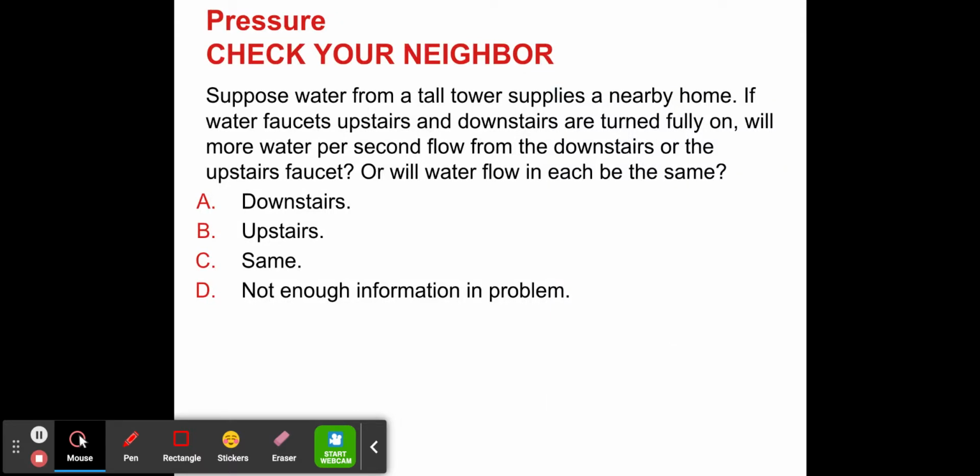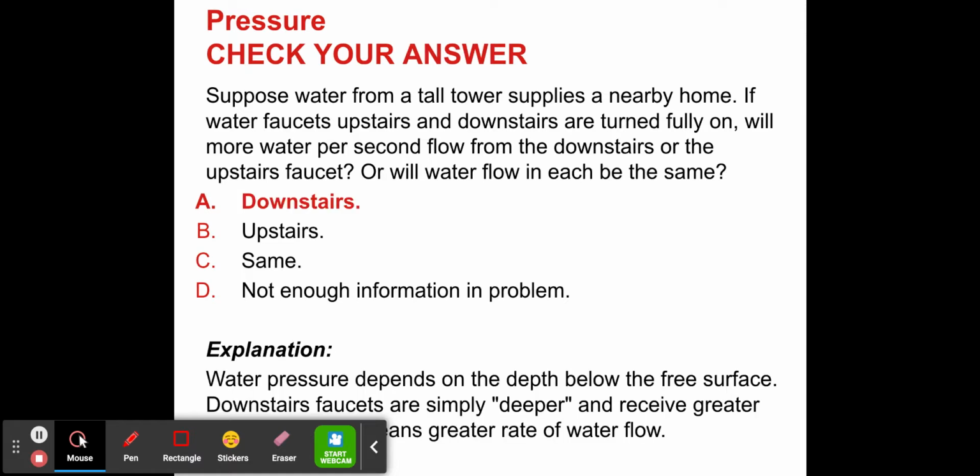Check for understanding. Suppose water from a tall tower supplies a nearby home. If water faucets upstairs and downstairs are turned fully on, will more water per second flow from the downstairs or the upstairs faucet? Or will water flow in each be the same? Okay, if you remember, we're talking about pressure increasing with depth.